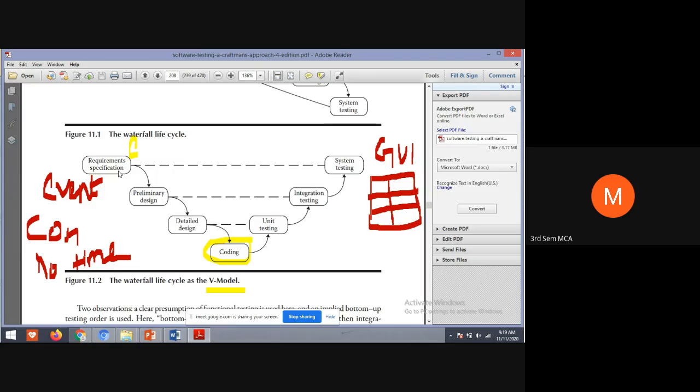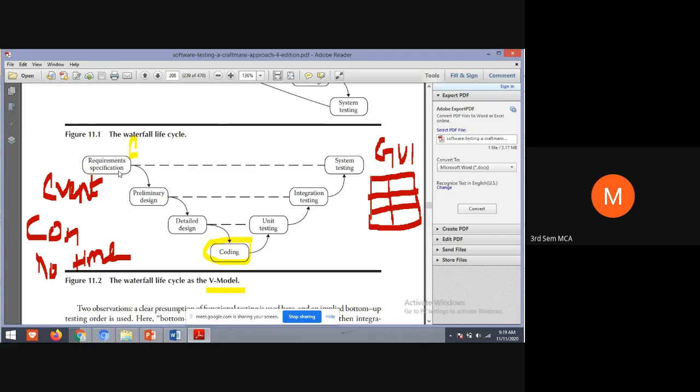Generally, before we develop any project, first we take the requirements and the preliminary design, the rough sketch, the basic initial design. Then the detailed design will be done.